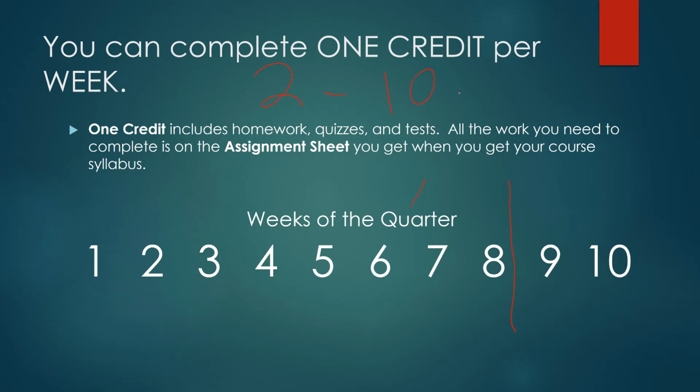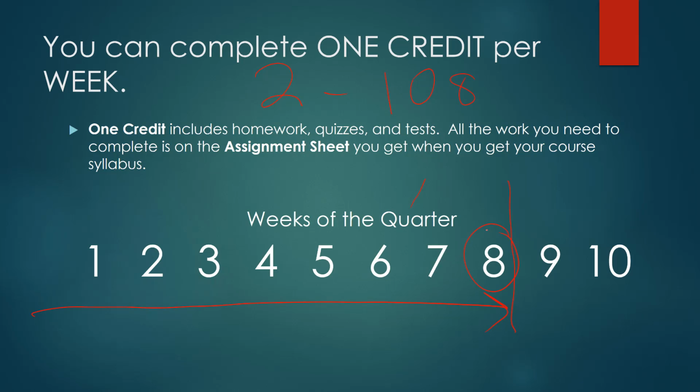That means that according to our rules, you can complete 1 credit per week. So if you are a procrastinator and somebody who puts work off until the very end of the quarter, and you wait all the way until week 8, you're only going to be able to complete 1 credit, because you can complete 1 credit per week.